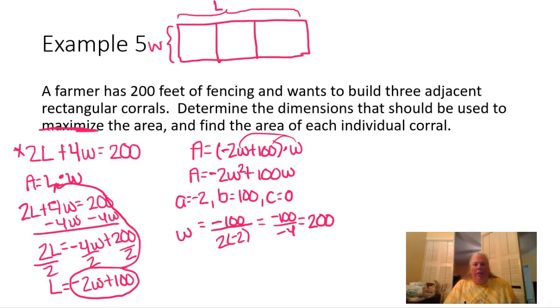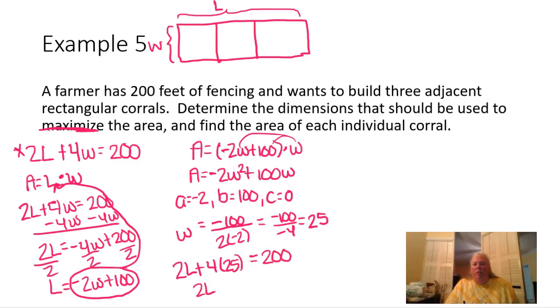All right, and then to get to the length, we can just plug in our 25. Oh, this is really off. Sorry, this is 25. We can plug our 25 back into the formula right here, and it should tell me what the length is. So let's see. 2L plus 4 times 25 is 200.